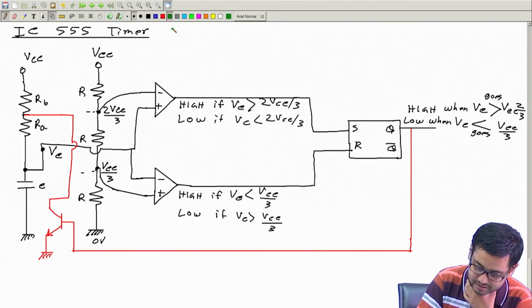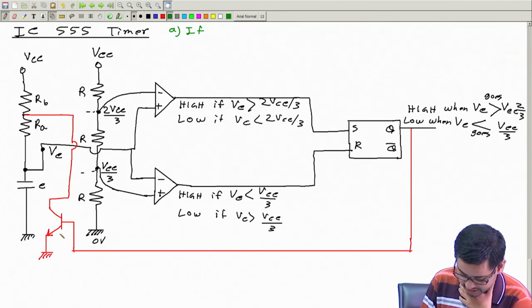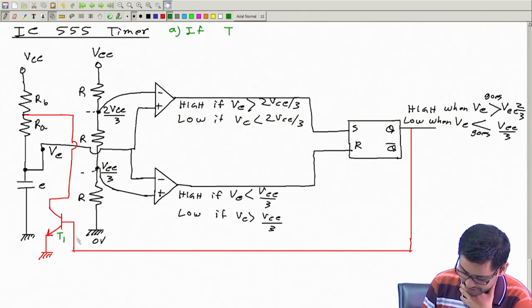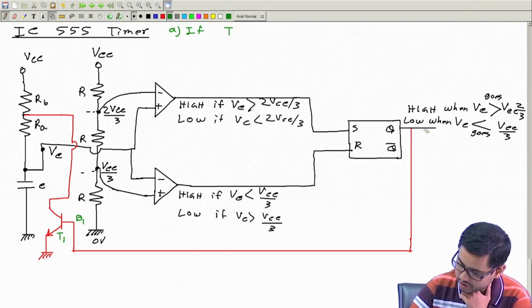Say, call this transistor T1, and call this base voltage VB1.